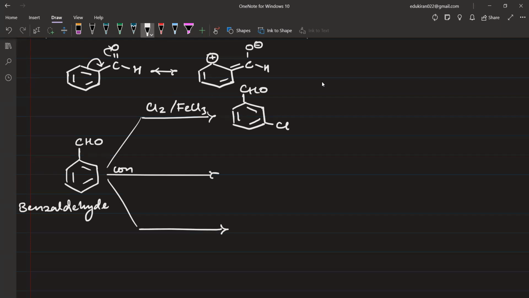In the presence of concentrated HNO3 and concentrated H2SO4, it shows nitration, in which nitro group is present at the meta position, and CHO is as it is.